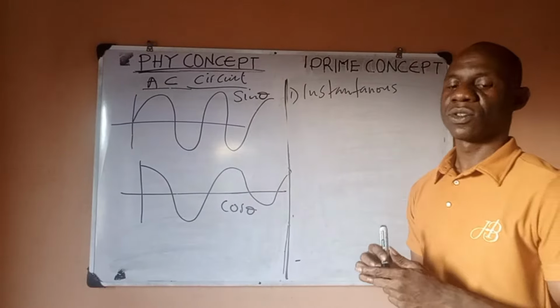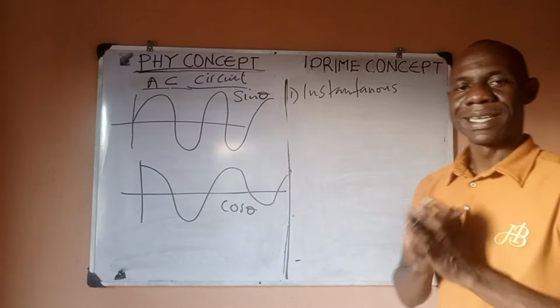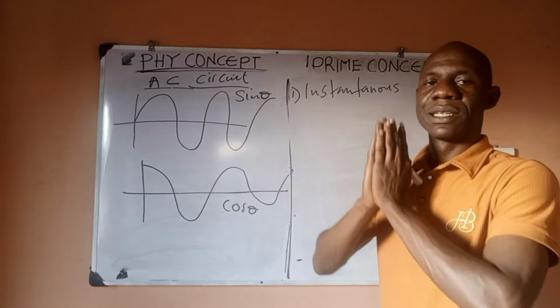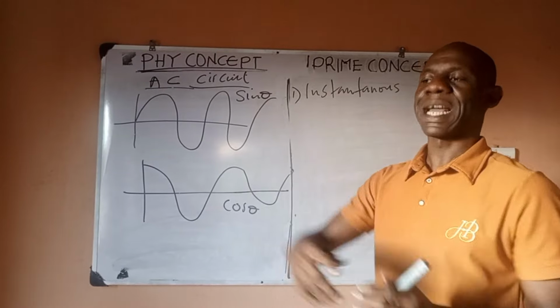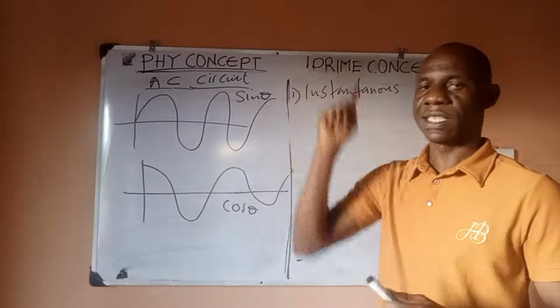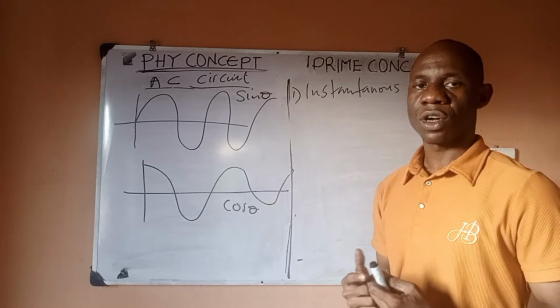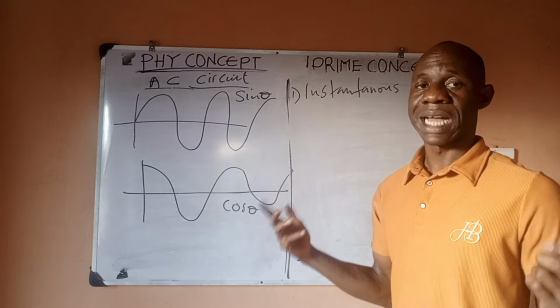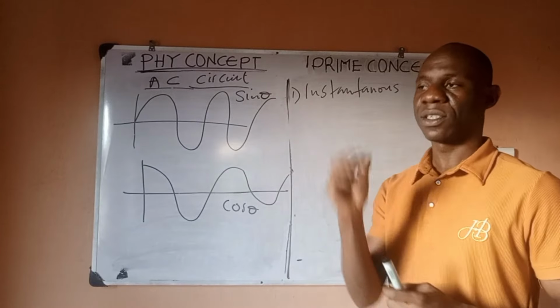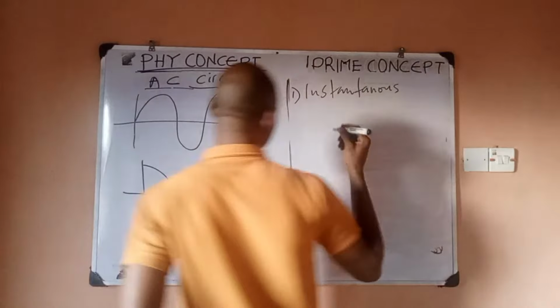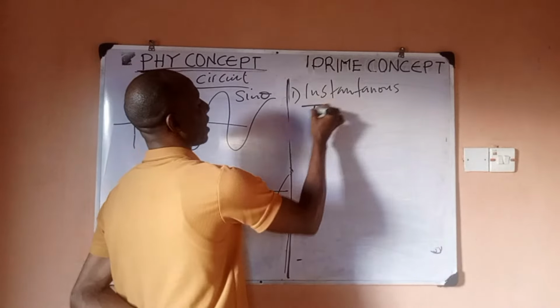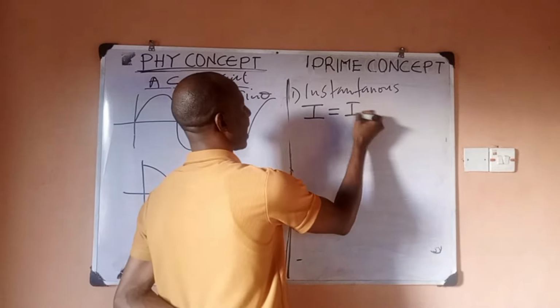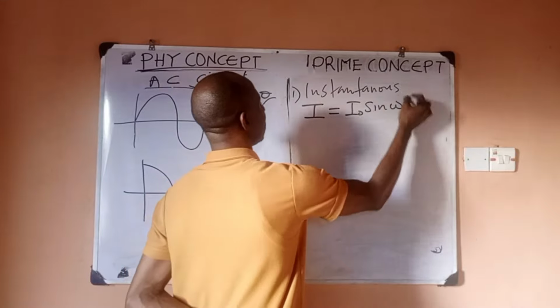Instantaneous values are the values of voltage and current at a particular point in time. Say they want you to find current at 2 seconds, that is instantaneous. Find current at 10 seconds, that is instantaneous at a given time. And the equation for that is I equals I naught sine omega t.